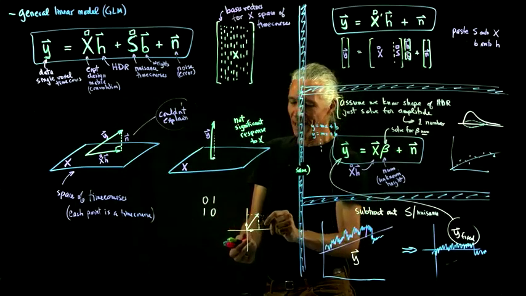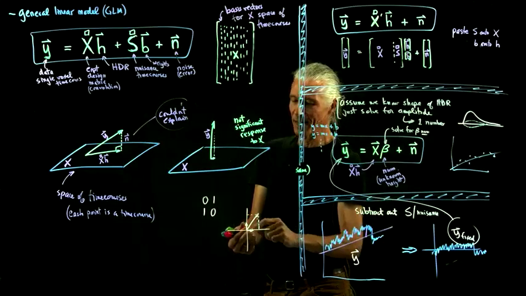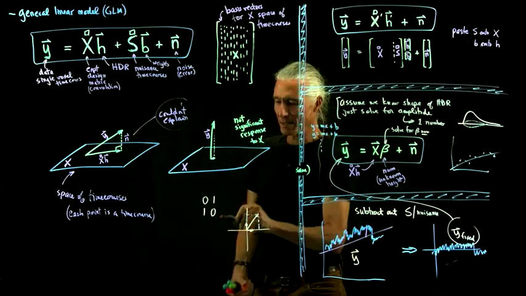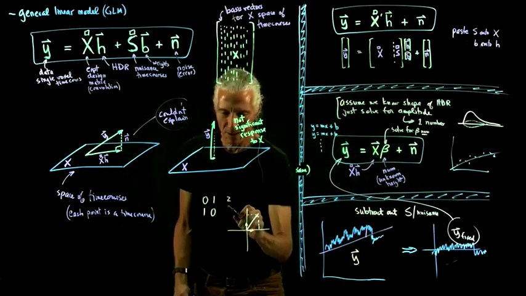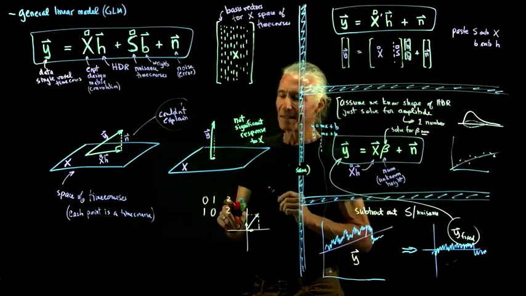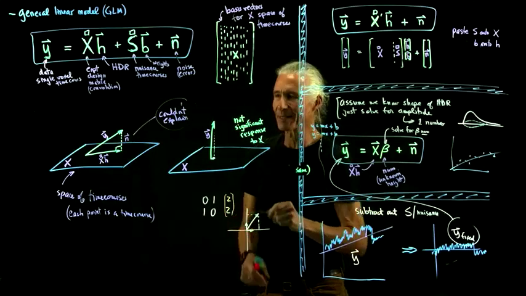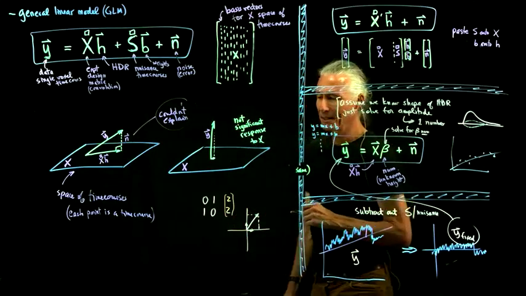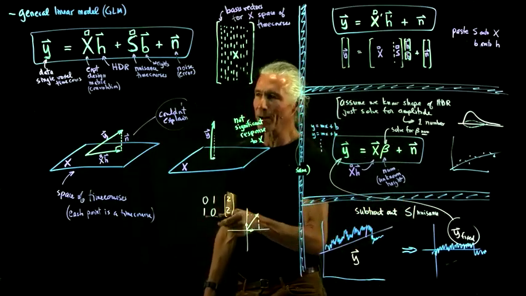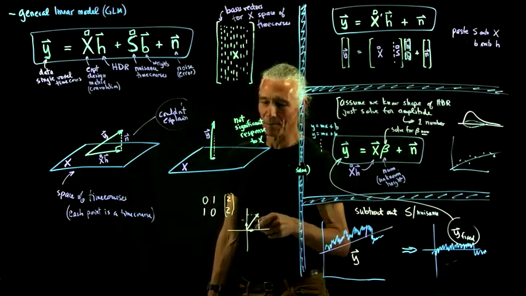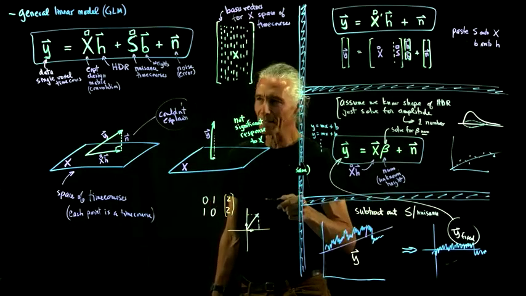What does that time course look like? It looks like 2, 2, 2. So that's a time course that's in the space of possible time courses that we can explain. 1, 1 would be in there, 0, 1 would be in there, 1, 0 would be in there. This is the space of time courses.